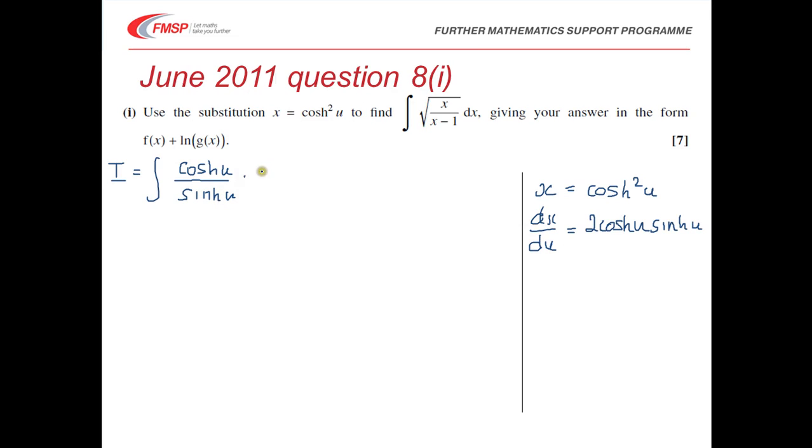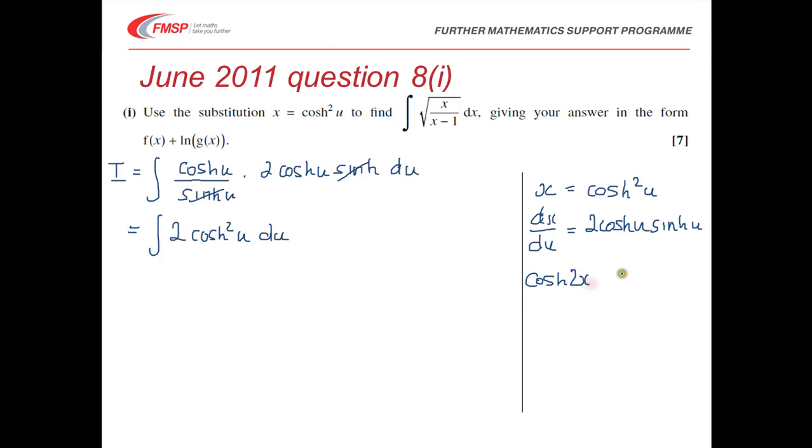And then we have to multiply by dx, so that will be 2 cos u sin u, and now we're integrating with respect to u. So we can divide through top and bottom line by sin u, and we end up having to integrate 2 cos squared u.